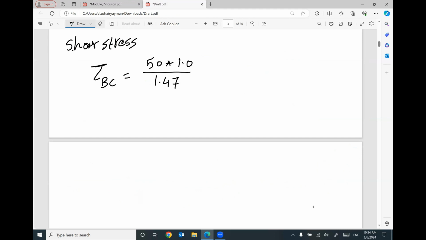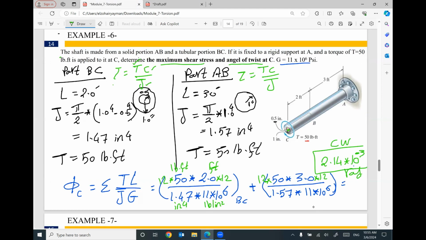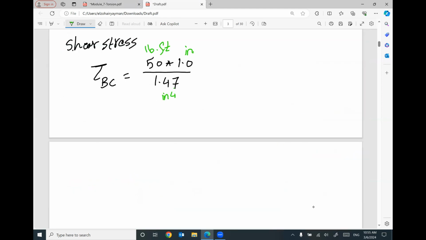We need to adjust the units because this one is inch to power 4, this one in inch, this one is pound-foot. So I will multiply it by 12 to be pound-inch. Then I can figure out the stress.